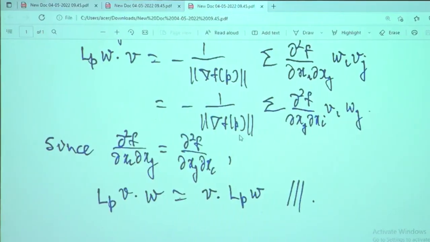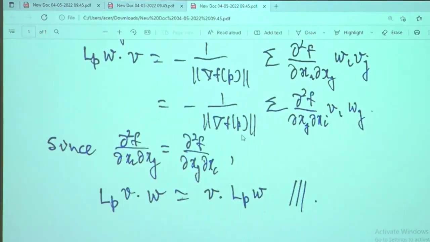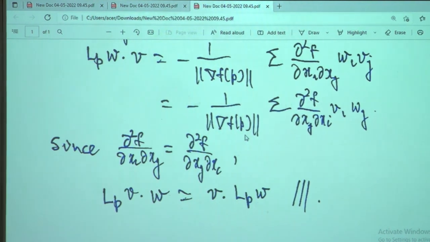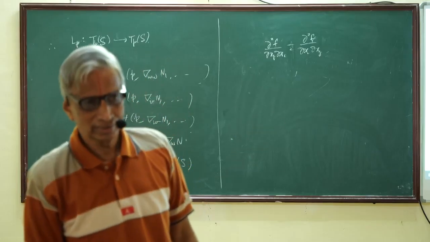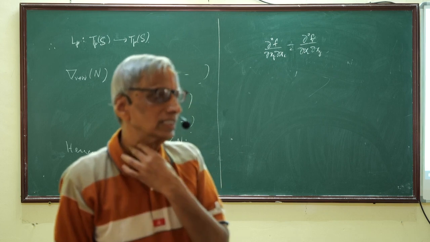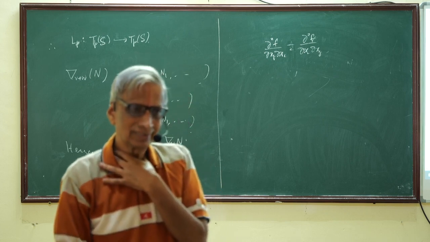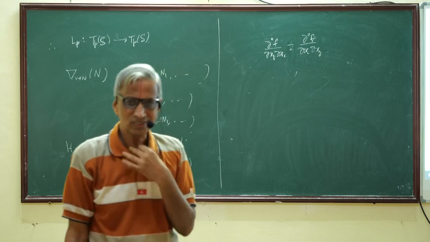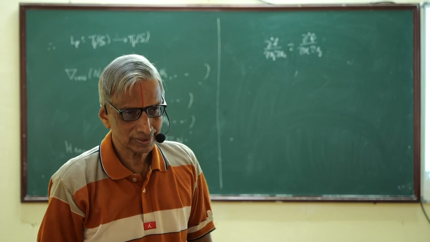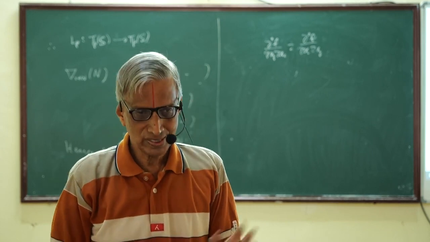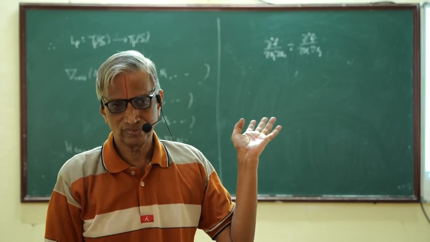So once you have this fact that the operator LP is self-adjoint, you can invoke your linear algebra. Any self-adjoint or symmetric operator is what? Diagonalizable, or what is the same, there is an orthonormal basis for the space consisting of eigenvectors of the operator.